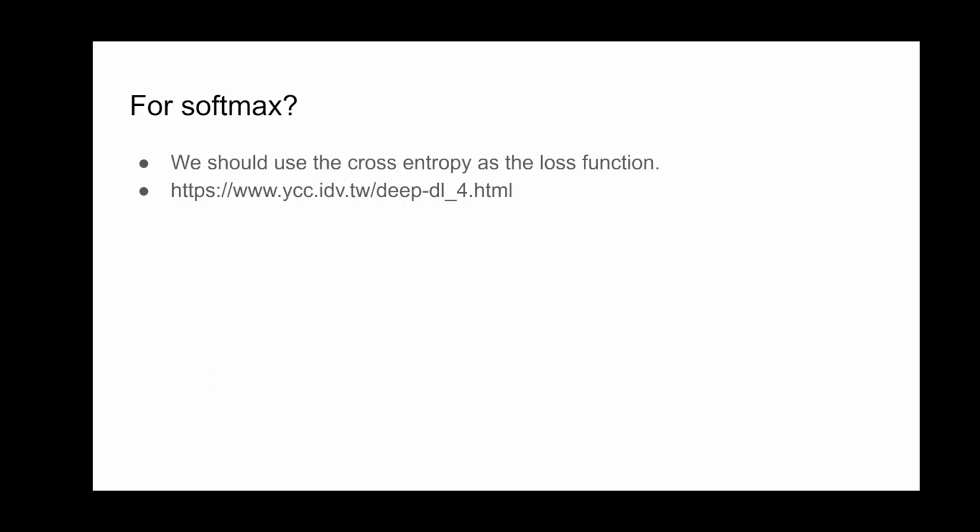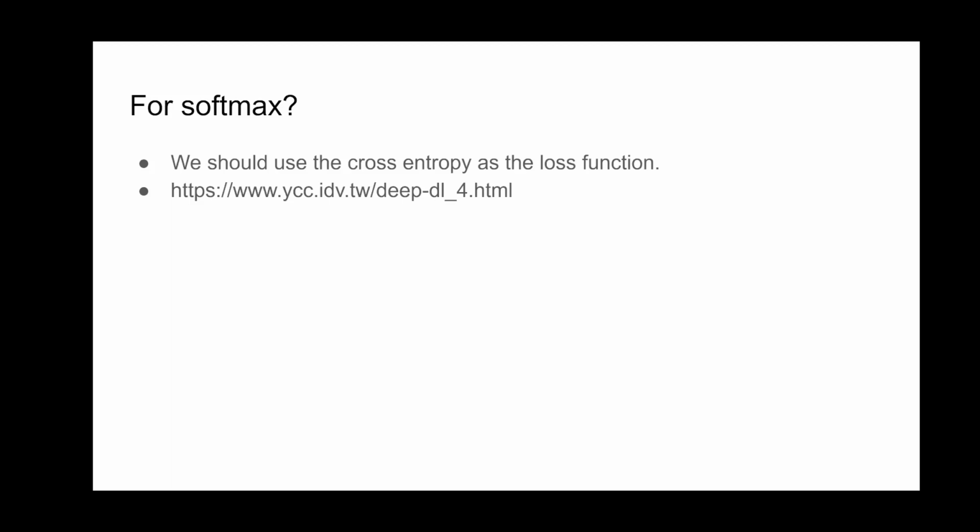Okay, so the softmax function for classification problems needs a loss function as well, which we will use to compare the prediction to the ground truth. And typically, we are using the cross entropy here as the comparison function.